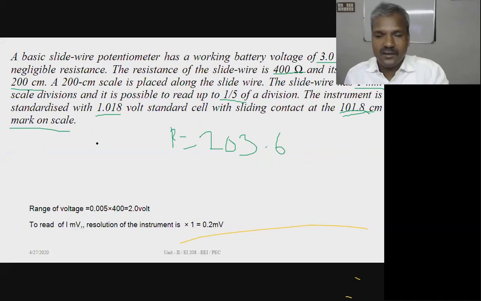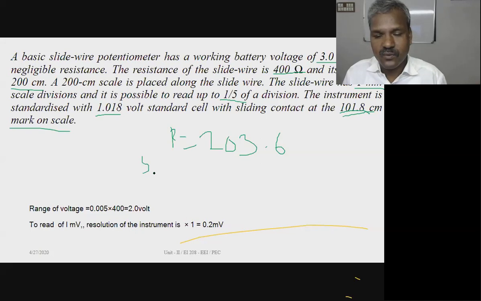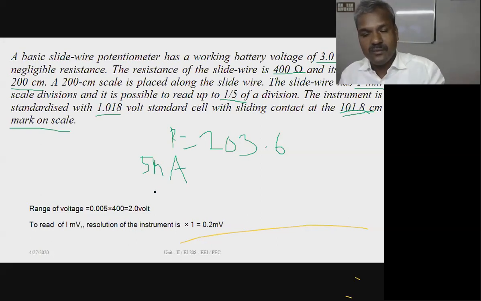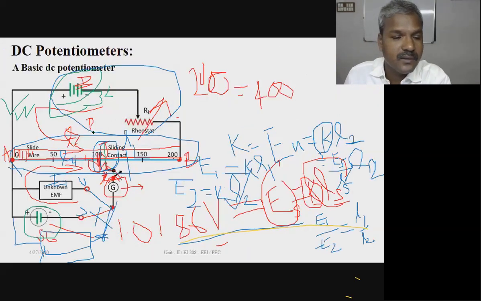Calculate the working current: volt divided by resistance, 1.018 divided by 203.6, so 5 milliampere, 0.005. 5 milliampere current is flowing through the primary circuitry. Okay, now, this is 200 centimeter length.